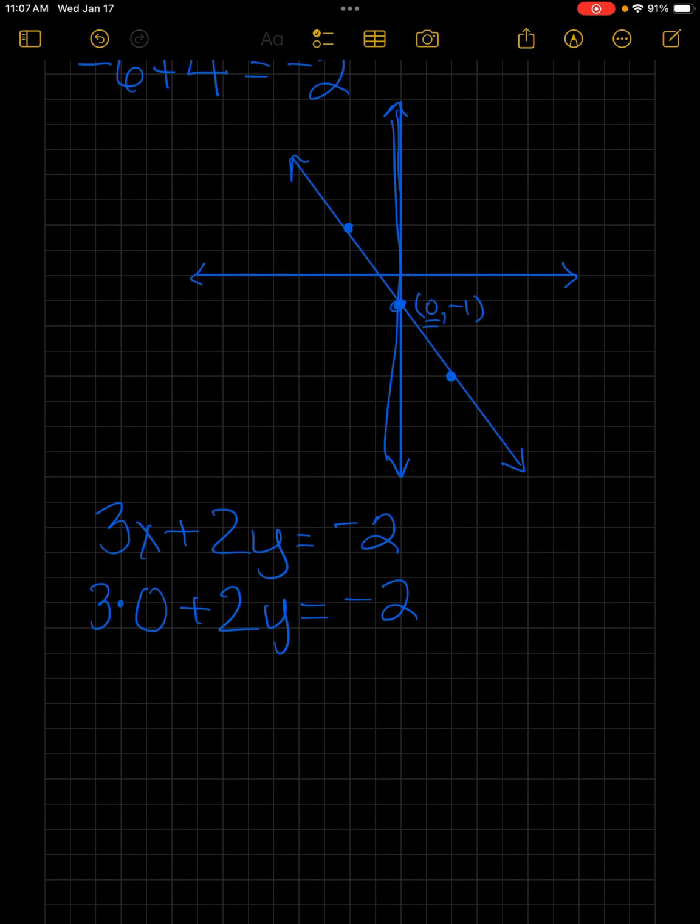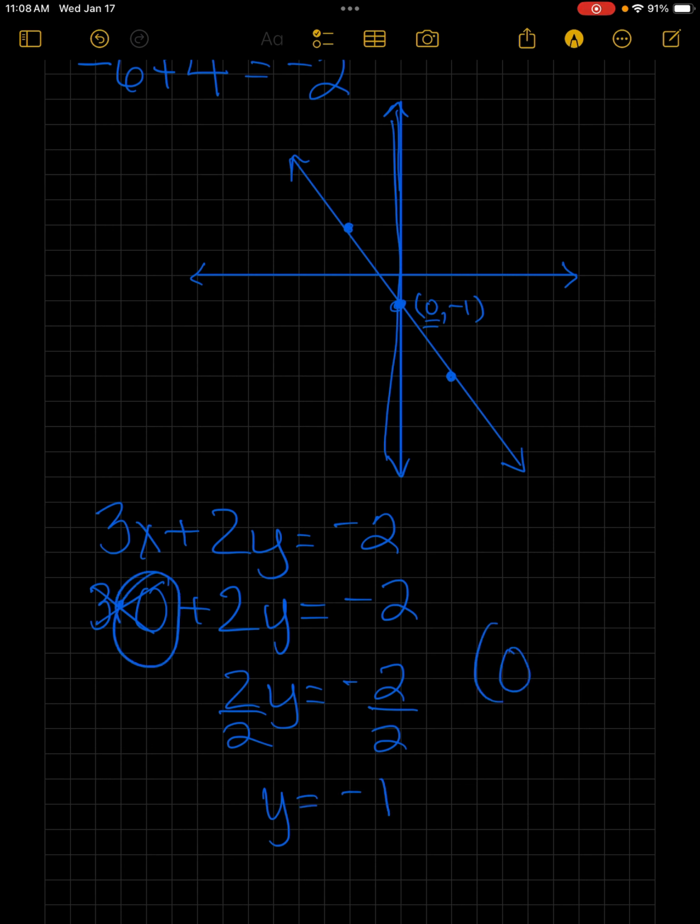So when I solve this problem, this is going to equal 0. So I have 2y equals -2, divide by 2, and I get y equals -1. So my x was 0, right? That's what my x was, and my y is -1.